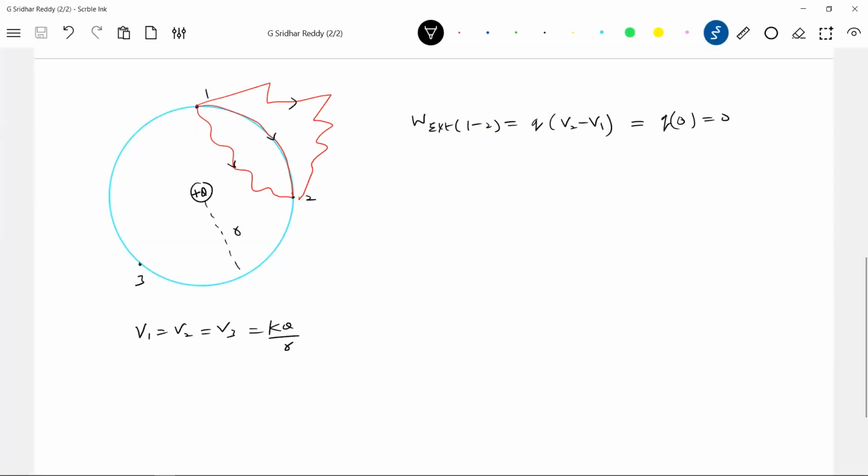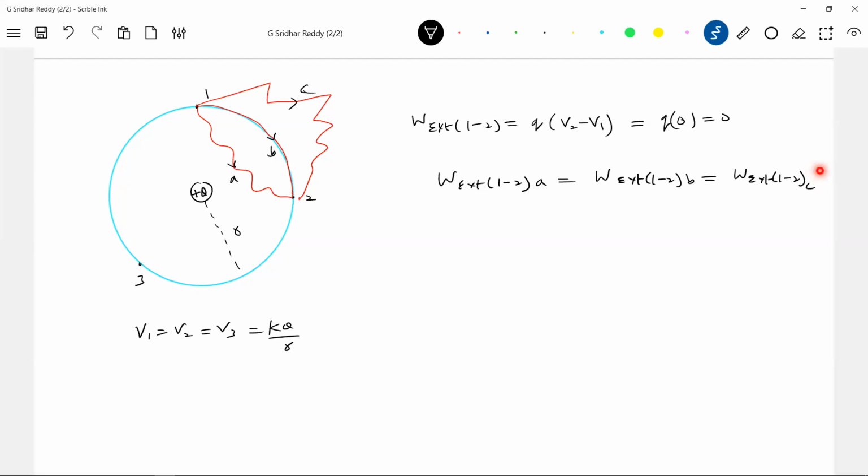This is what happened. We are going to give a proof for all these things. So there are paths A, B, and C. Work done by an external agent in moving a charged particle along path A, along path B, along path C is equal to 0.